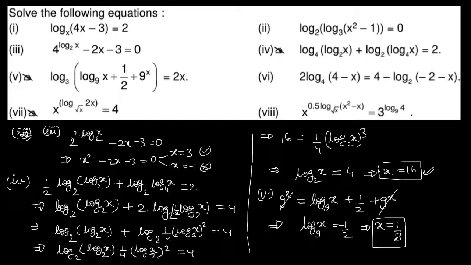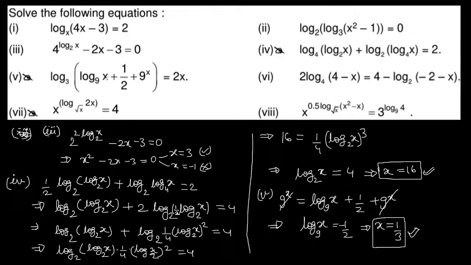Okay, so now we'll take x equal to 1 by 3 and put here. So this will get minus 1 by 2 plus 1 by 2 cancel, log 3x 2x. Okay, we'll get the correct answer. We are putting this to verify whether the argument is coming zero, coming negative or not.